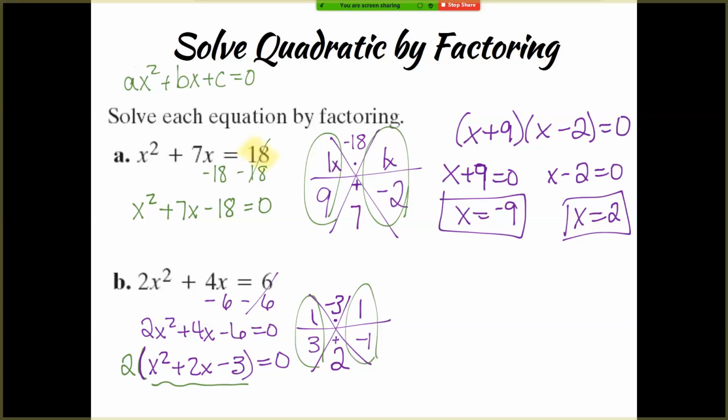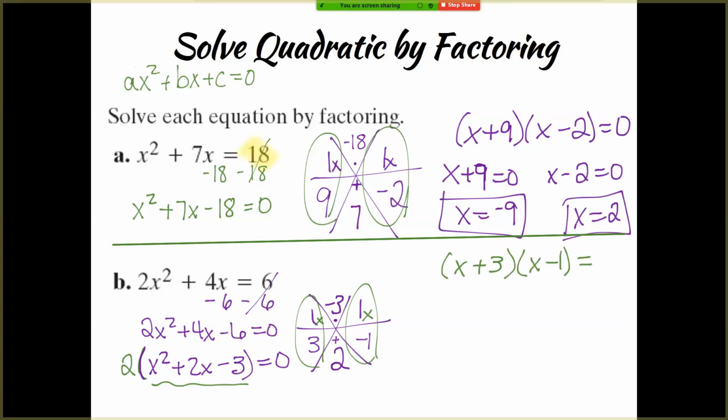I'm looking at these 2 fractions here. Since there are 1s on top, I know neither one of them reduces. When I write my 2 factors, I have x plus 3 and x minus 1 still equals 0. But we've got to take this 2 and put it somewhere.